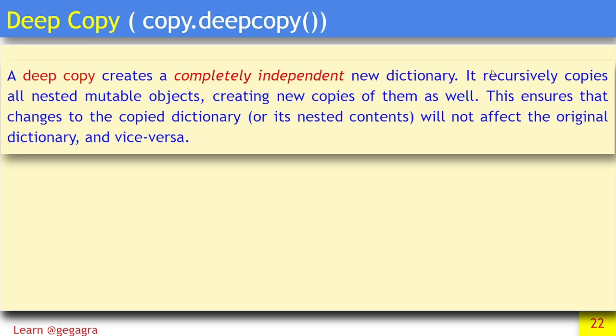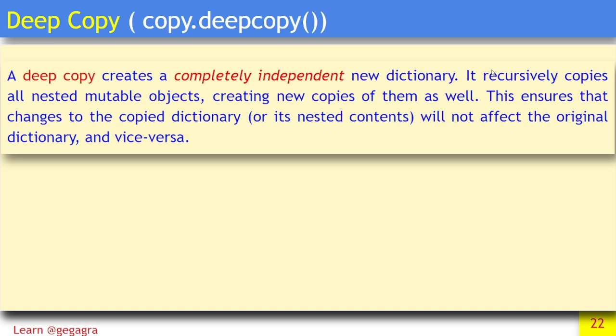This ensures that changes to the copy dictionary or its nested contents will not affect the original dictionary and vice versa. So if you make changes in the original dictionary, this will not impact the deep copy of the dictionary, and if you make changes in the deep copy, it will not affect the original copy.